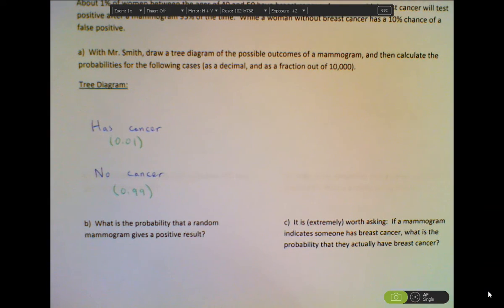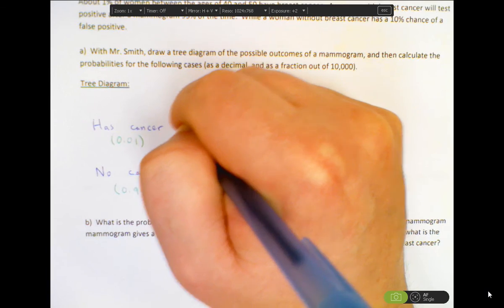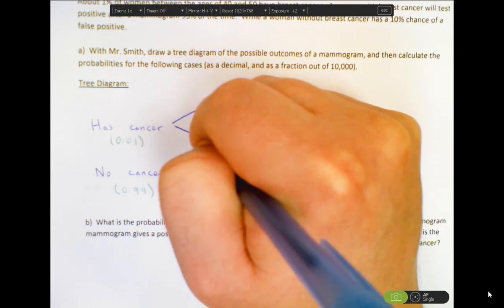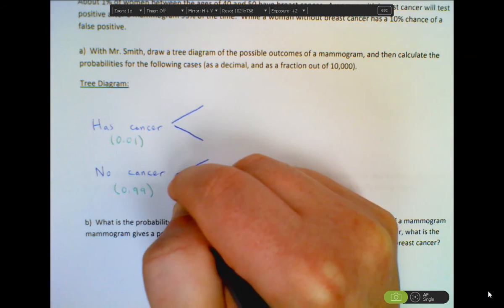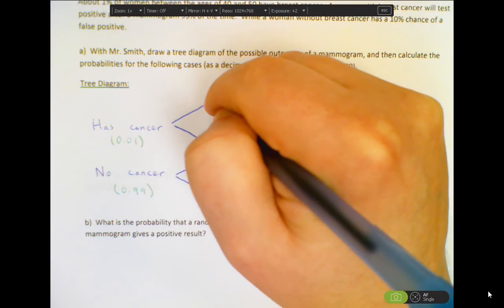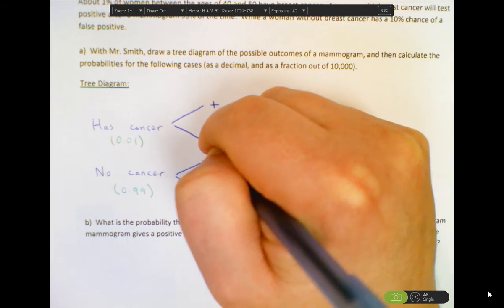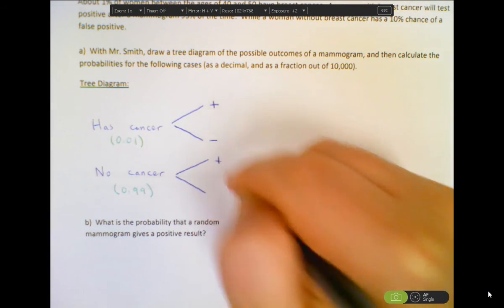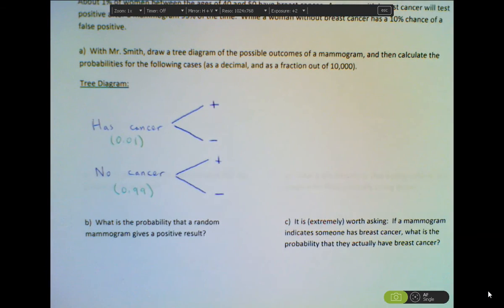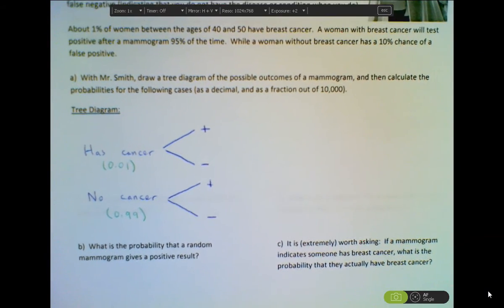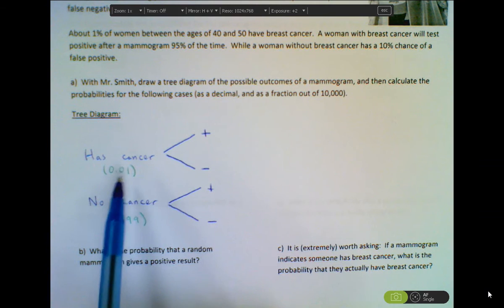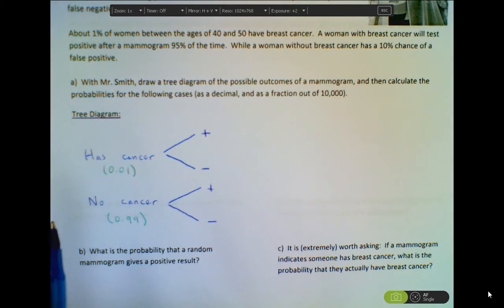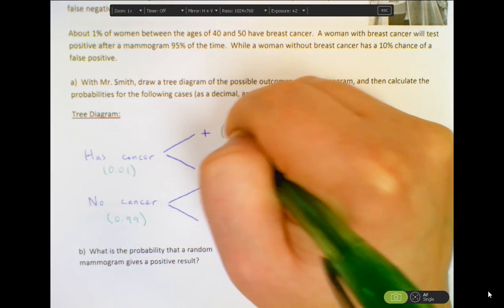Let's say a woman takes a mammogram. There's two options. We'll branch out for each one. The mammogram can come in and test positive or negative. So let's look at the details in our question. Our question said, if a woman has breast cancer, the mammogram is going to catch it, testing positive 95% of the time. So 0.95.